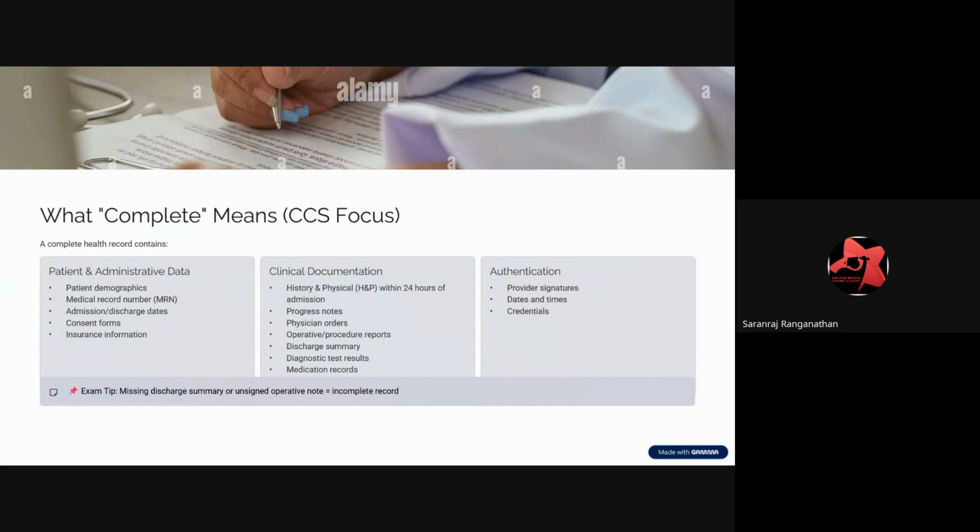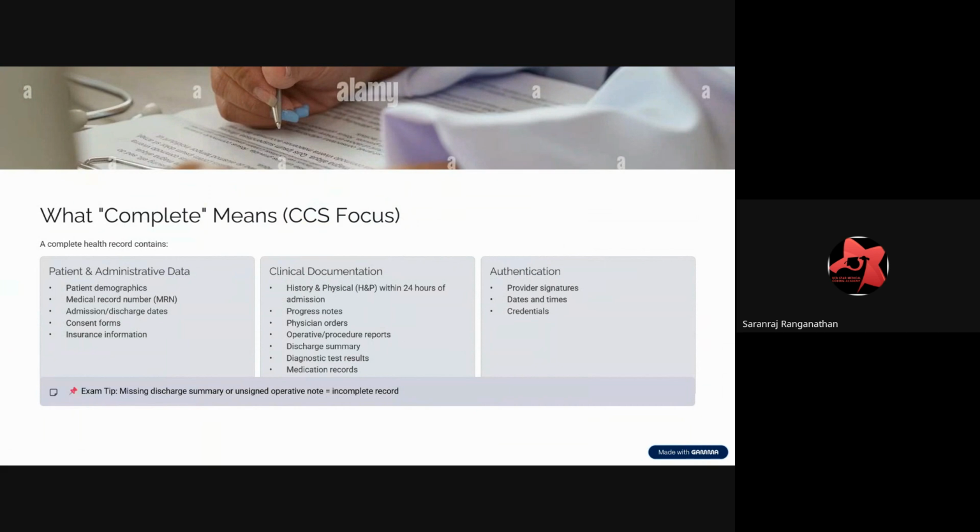Third is authentication. We definitely need the signature of the MD or PA, or sometimes the person who operates and provides the services: the rendering physician, referring physician, ordering physician, interpreting physician, performing physician, physician assistant, practitioner, or resident. Anybody can be. That needs to be there, and their credentials should be there too.